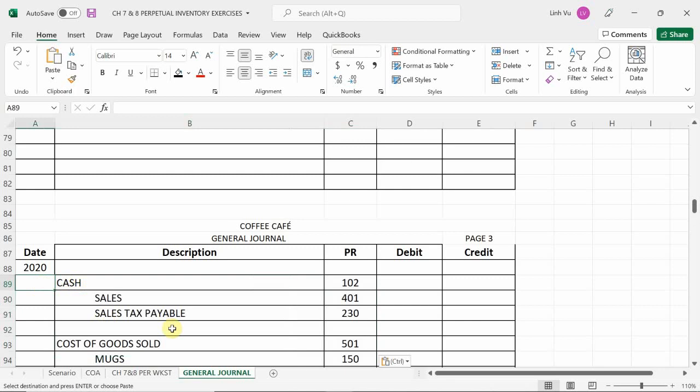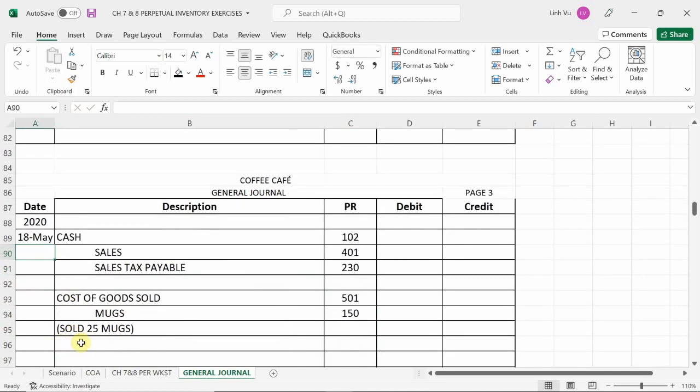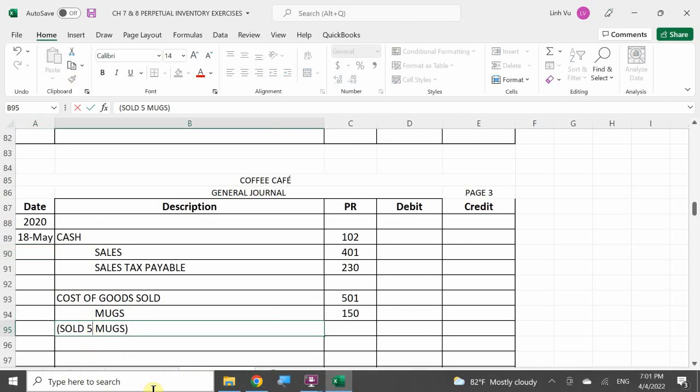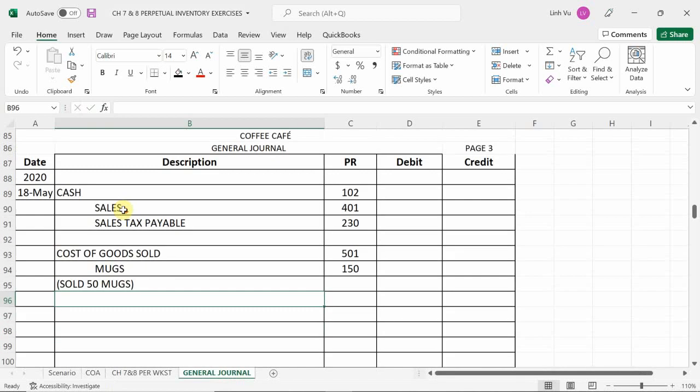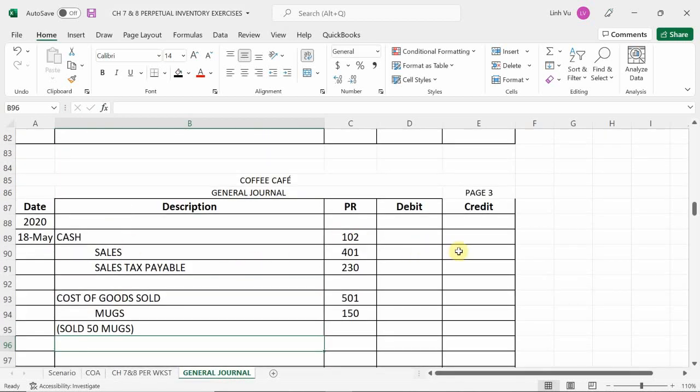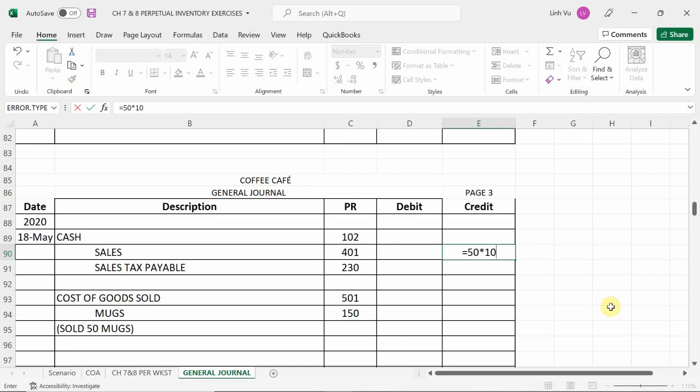So there you go. It is still May 18, right? And this time we sold 50 mugs in grand total. Right? So if I sold my mugs for $10 each and I sold 50 of them, my grand total is $500 for my sales. Now in this case, I also need to calculate how much tax I'm going to be collecting off of those $500.